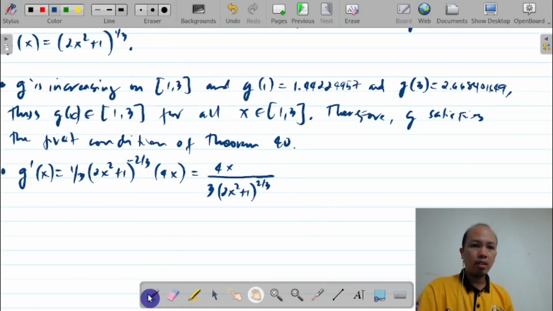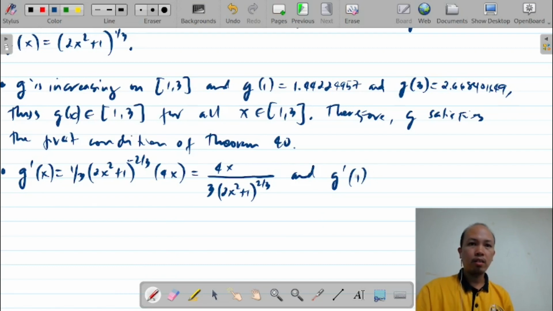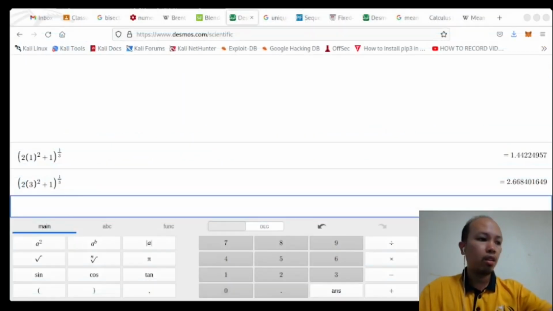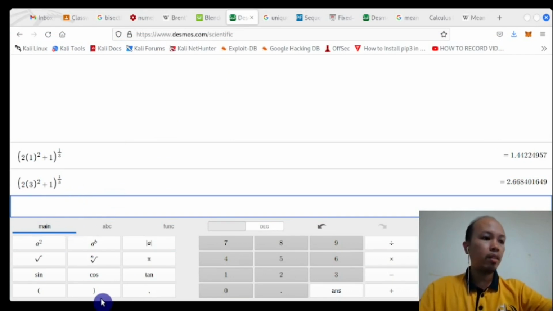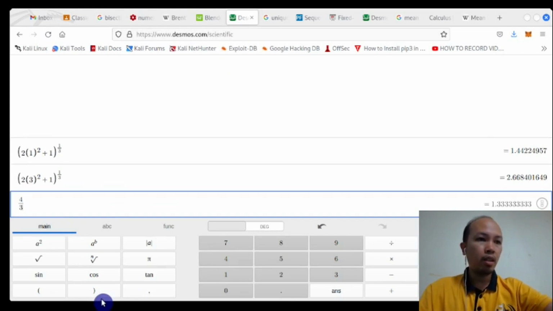And notice that g prime of 1 is, let's go to our Desmos graphing calculator. So we have 4x. Before we write our x, which is equal to 1, let's type first the denominator.